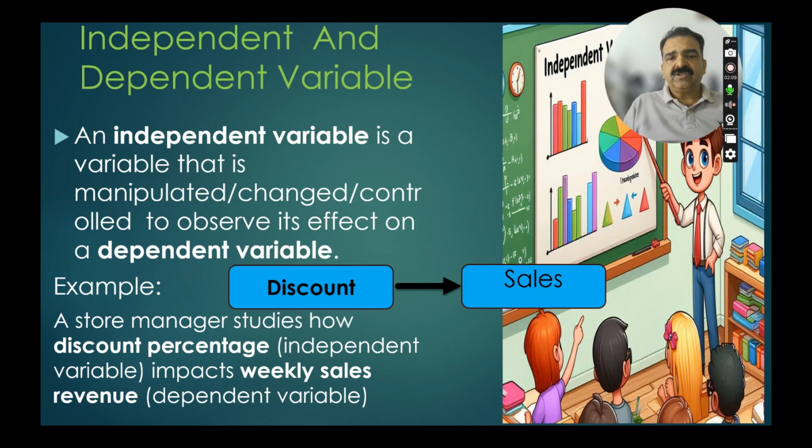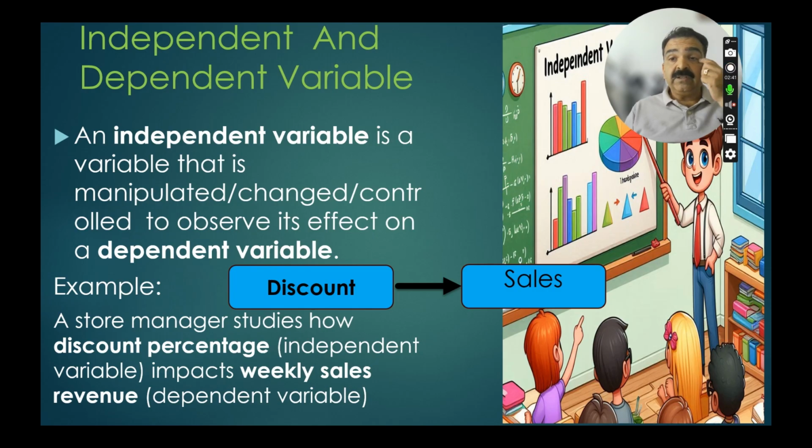If I ask you what is independent and what is dependent, all of you will say sales is dependent on discount. This definition says that we manipulate the independent variable, so discount we will change. If we increase the discount, what's the impact on sales? Obviously, if the discount increases, the sales will increase.